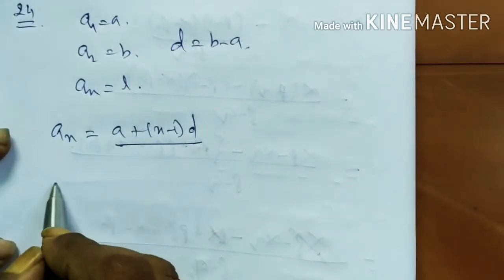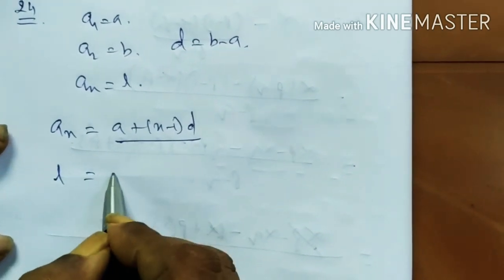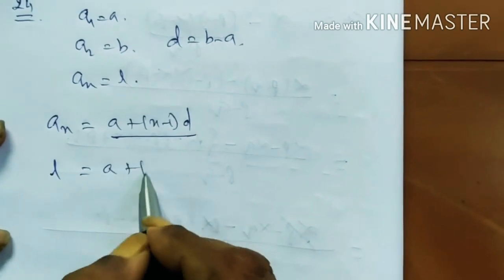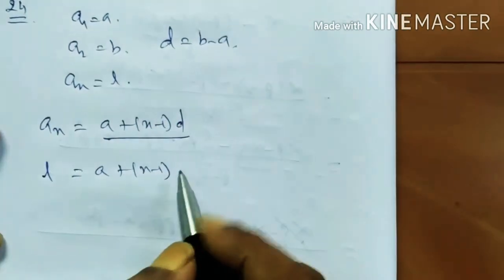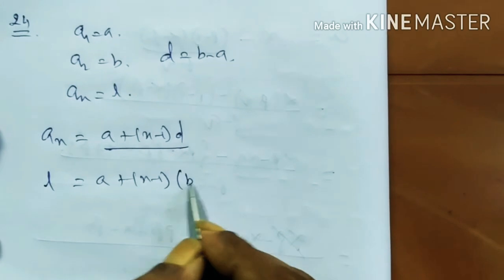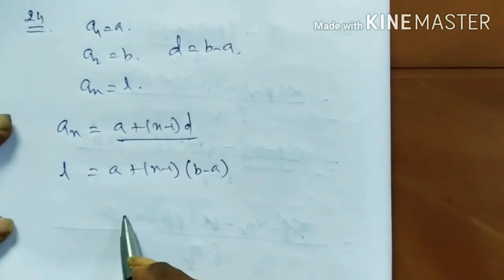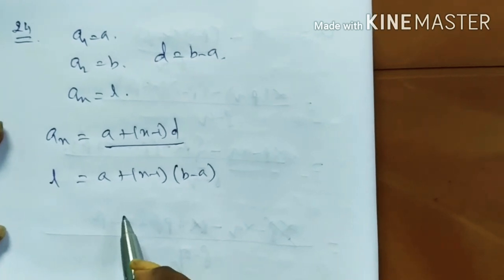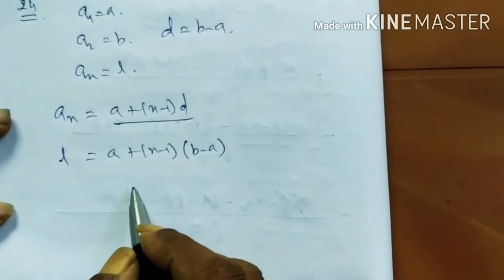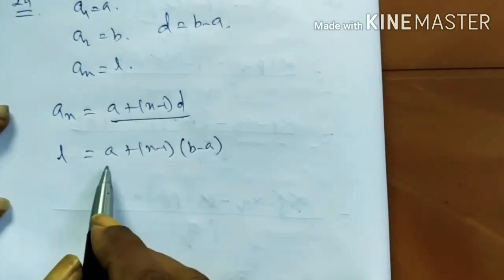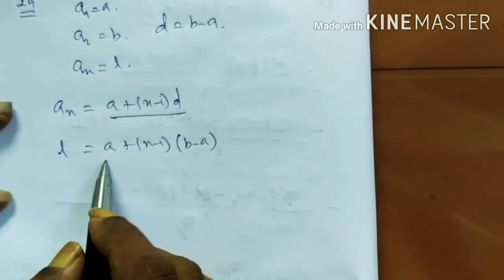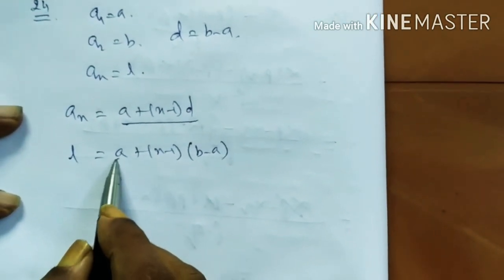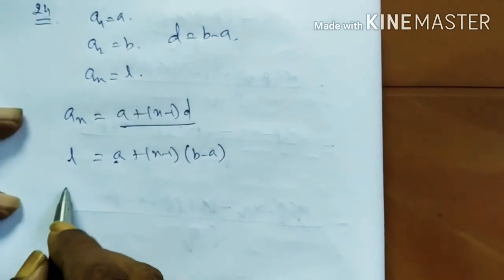So the nth term is your L, and A is your A plus (n minus 1), D is what? B minus A. Now you can see one thing here: I am taking this A this side.